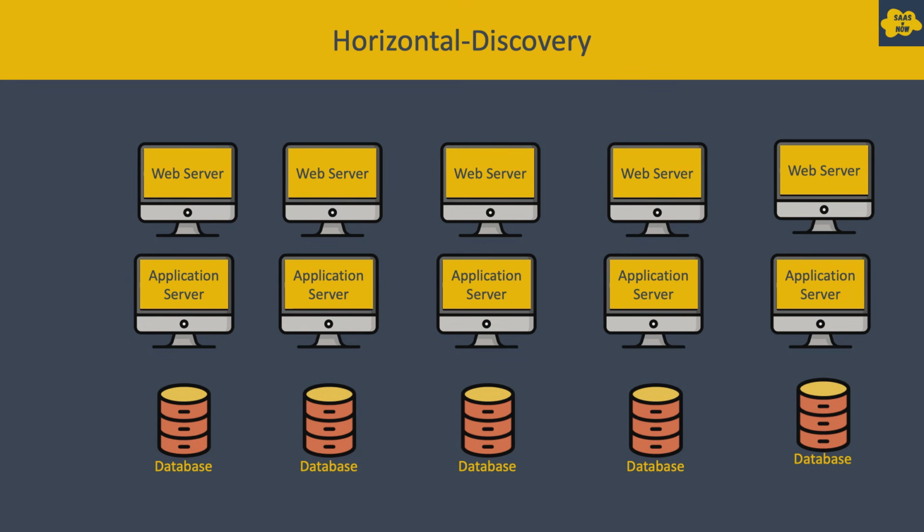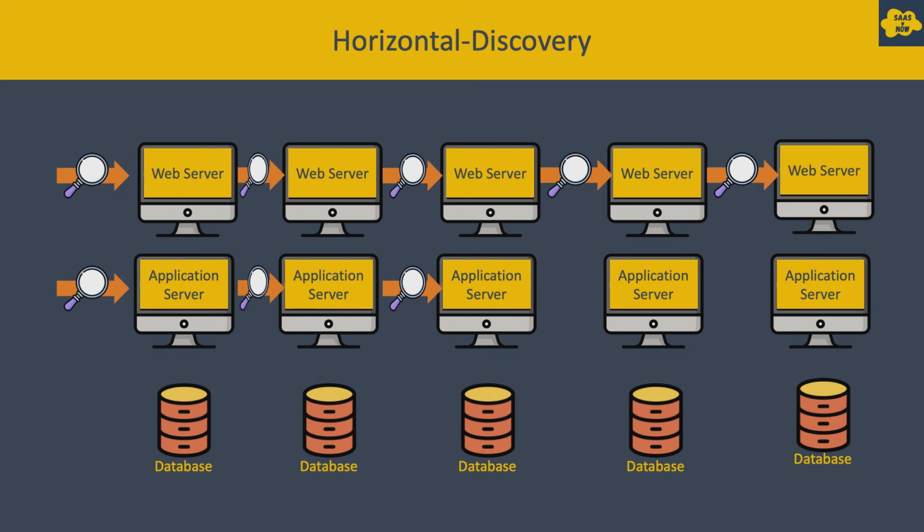Let's understand horizontal discovery. When discovery runs, it discovers the devices in particular IP ranges and applications installed on those devices. If there are 10 servers, then discovery will look for those 10 servers and update the CMDB.